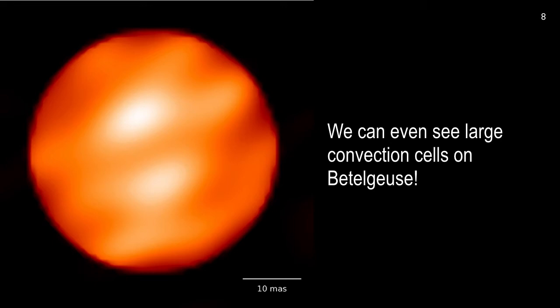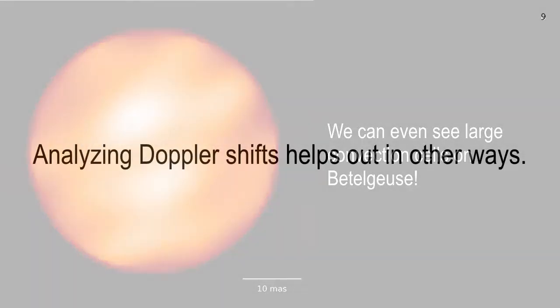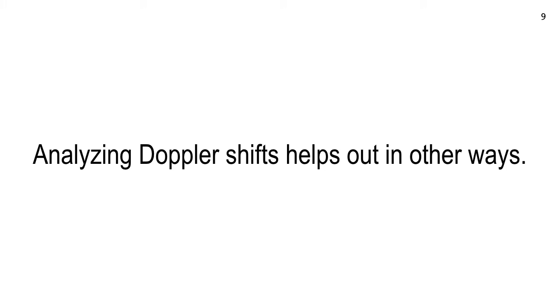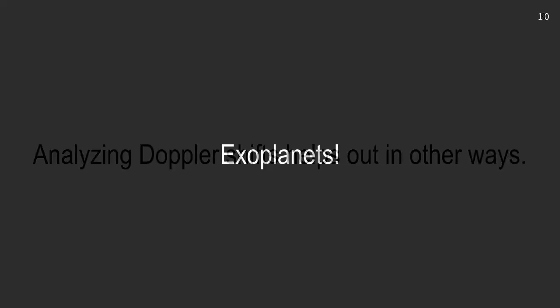All right. So we like to know about convection, and we like to know about Doppler shift and all that kind of stuff. Doppler shift also helps out in other ways. Not just looking at Betelgeuse, not just looking at the sun, but exoplanets as well. So go ahead and make a note here to yourself.